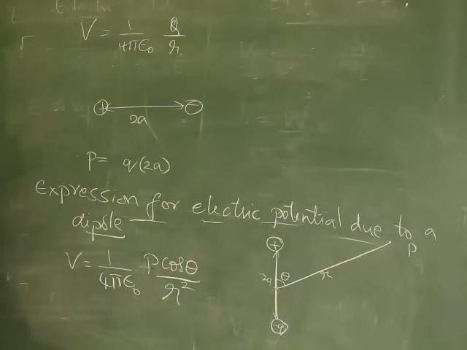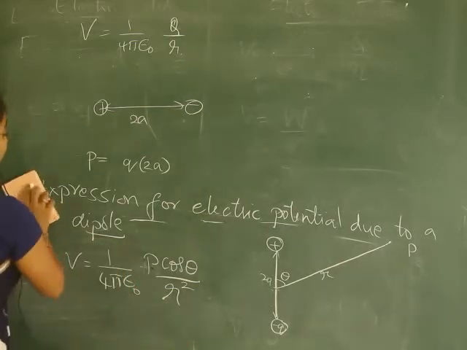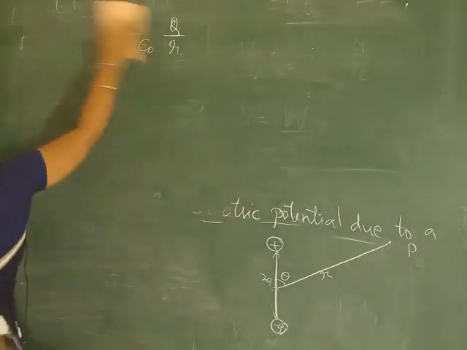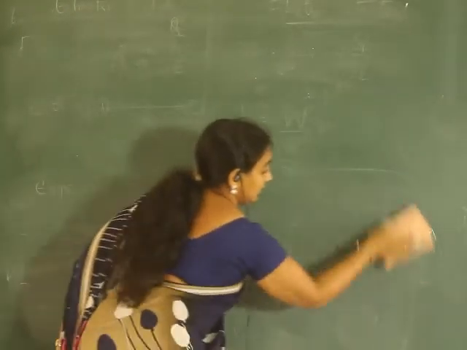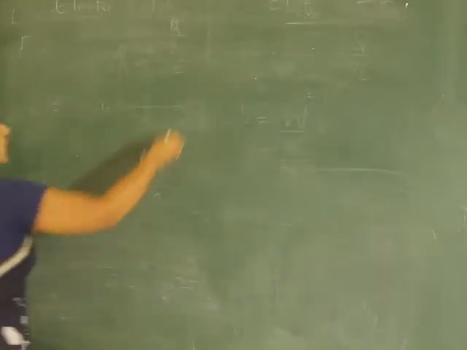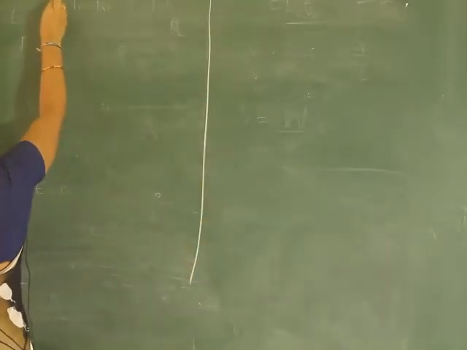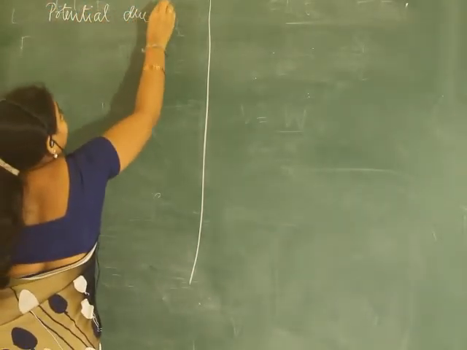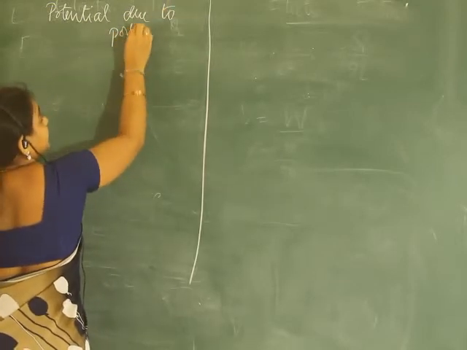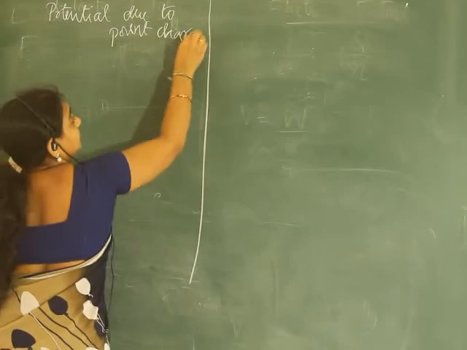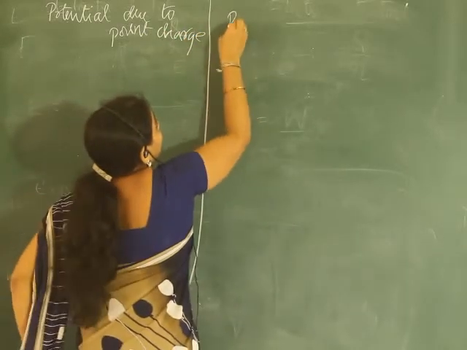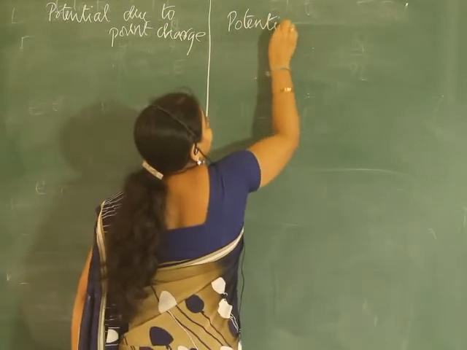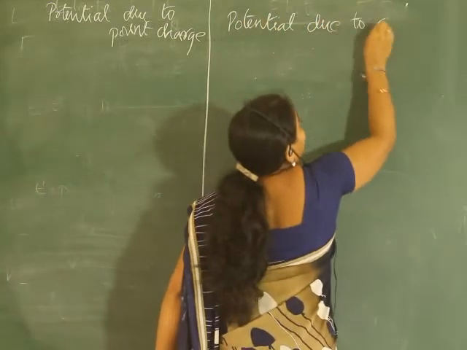Now, can you help me compare one more important question: the difference between potential due to a point charge and potential due to a dipole. Help me. Expression. Potential due to a point charge and potential due to a dipole.